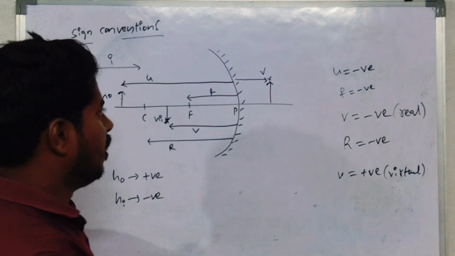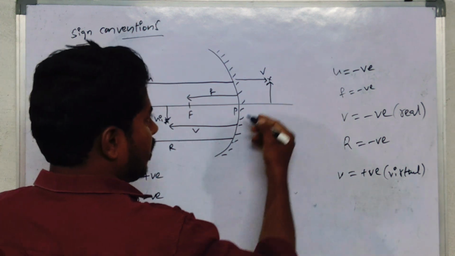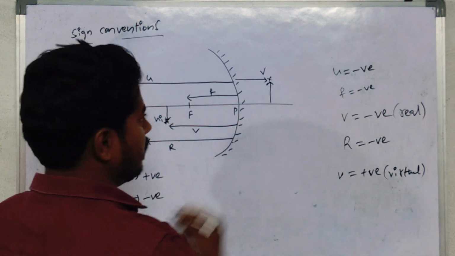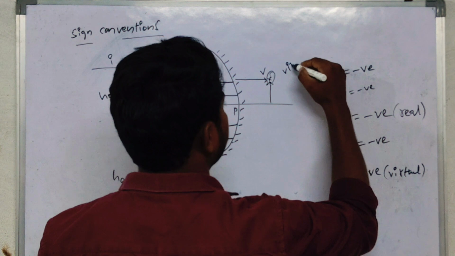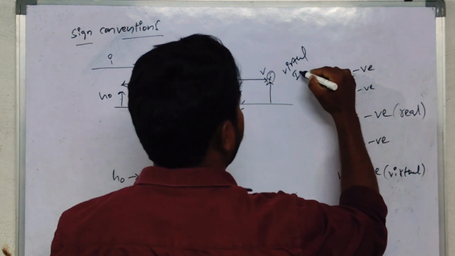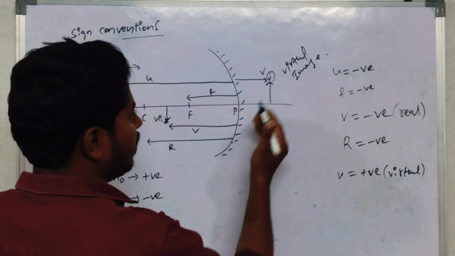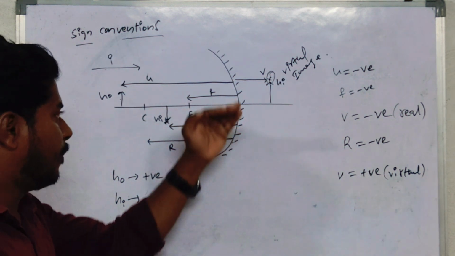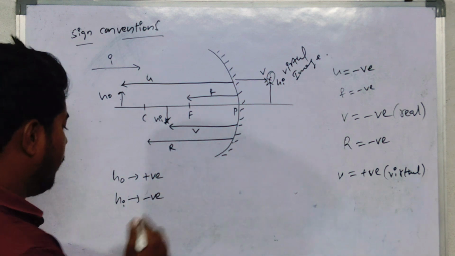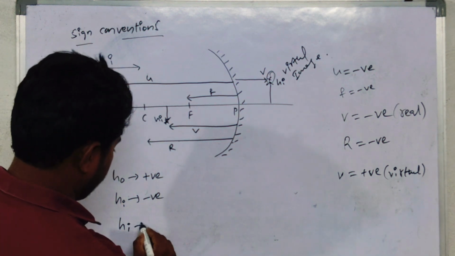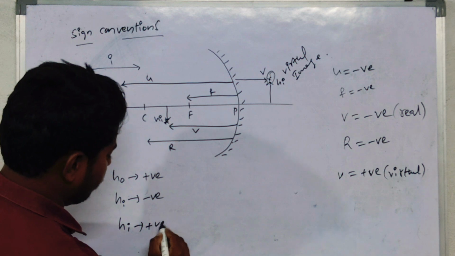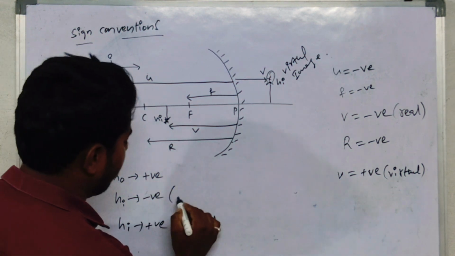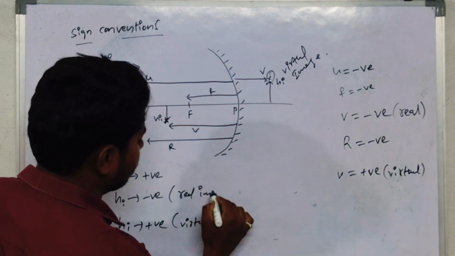But in some situations, virtual images can be formed. Virtual images will be formed above the principal axis. So this is a virtual image. So image height is considered positive for virtual images and the image height is negative for real images.